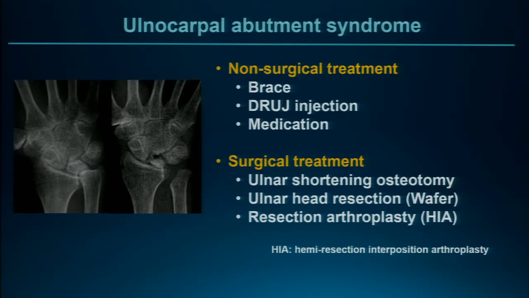If the osteoarthritis is limited to the ulnocarpal joint, we do ulnar shortening osteotomy and correction of malalignment, or ulnar head resection, which is a wafer procedure. If the osteoarthritis is advanced to the DRUJ, we do a hemiresection arthroplasty, which is indicated in the slide on the left-hand side.